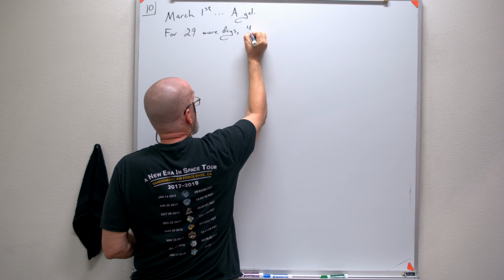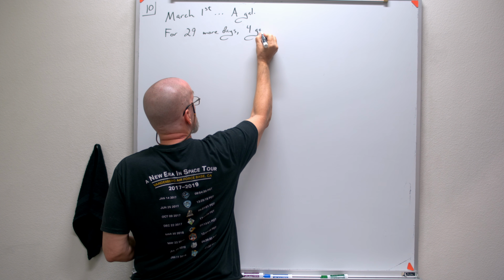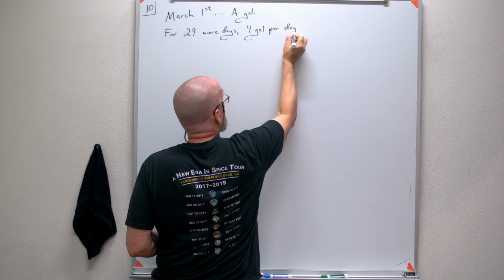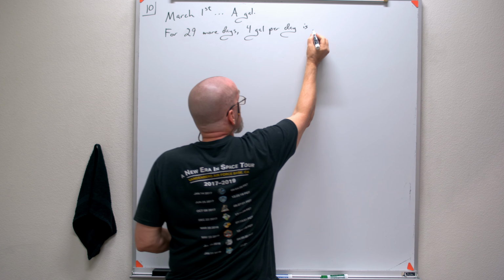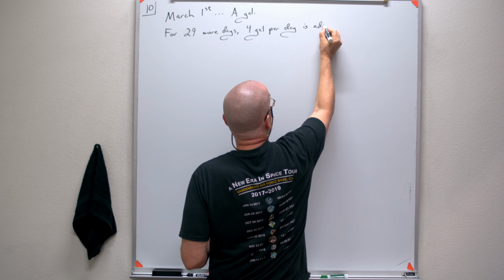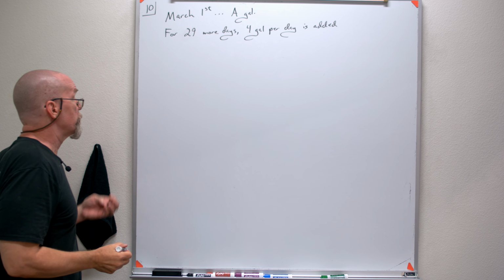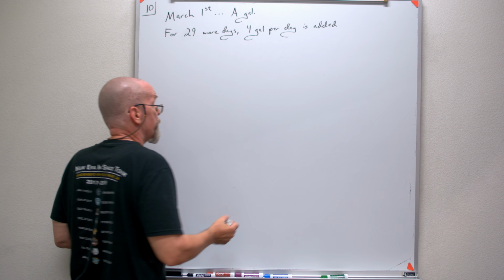Four gallons per day is added. And then we're just going to write out a list of stuff here and see what we have. I'm going to say at the end we have 130 gallons.